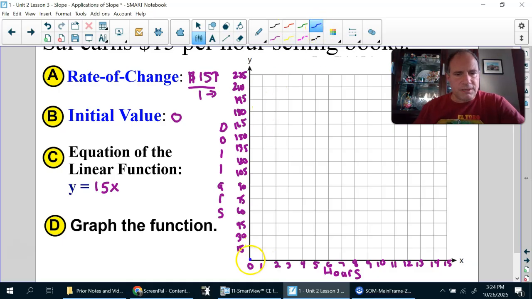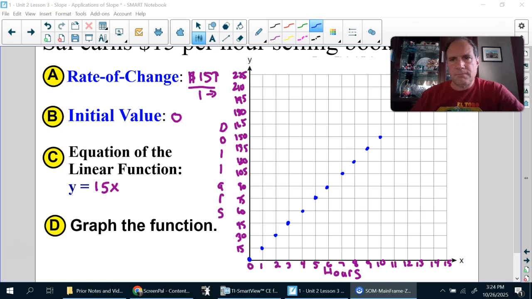So 0, 0. Now, this is a direct variation. This is where it starts at the origin. It's rise of 15, run of 1. So we are just going to go up just like this. I'm going to move my face up.